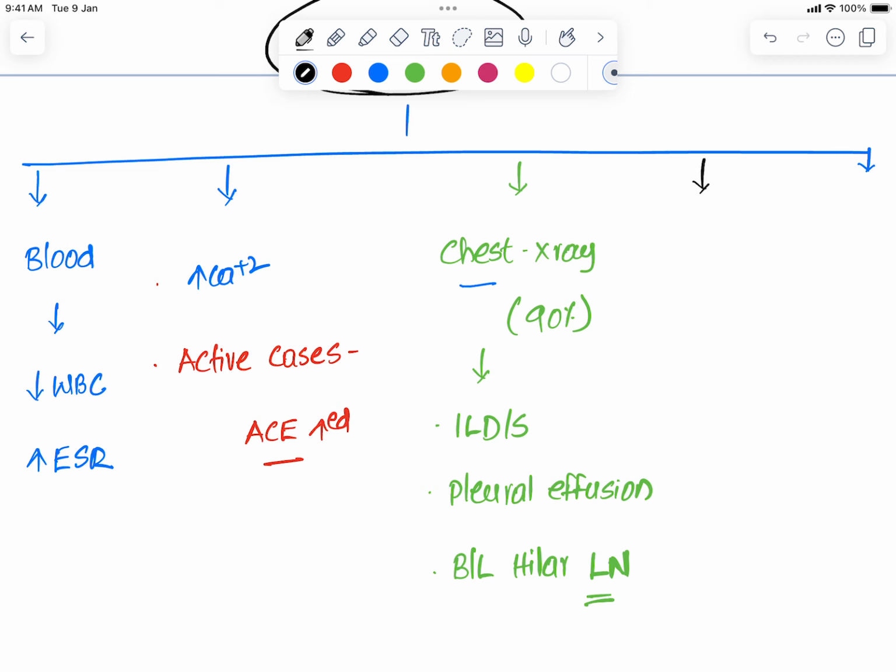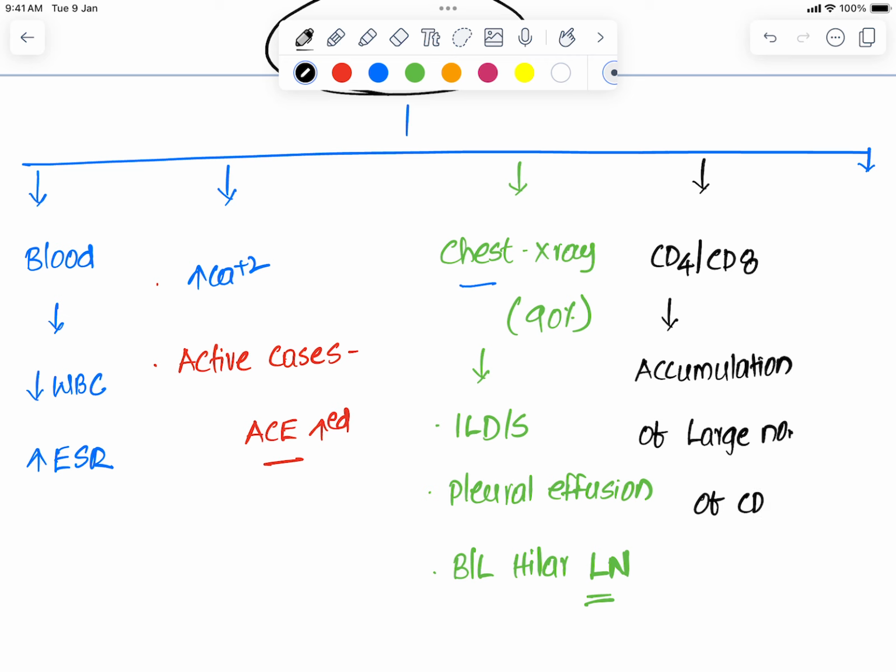Then, after having discussed the chest X-ray part, the next is the inflammatory cells. What will happen to the CD4 to CD8 ratio? Whenever there is active sarcoidosis, that will result in exaggerated immune response, resulting in accumulation of a large number of CD4 plus T lymphocytes.